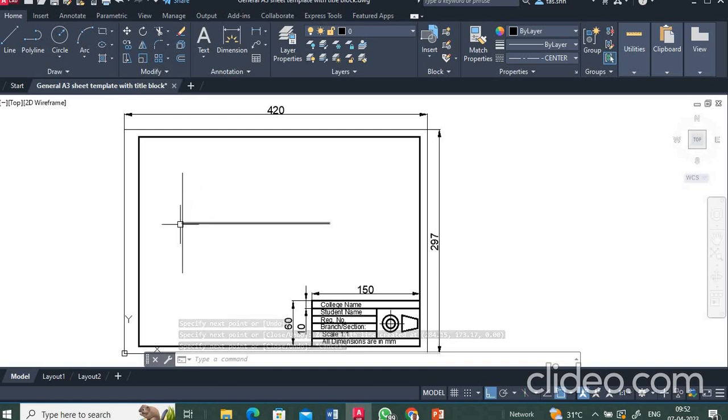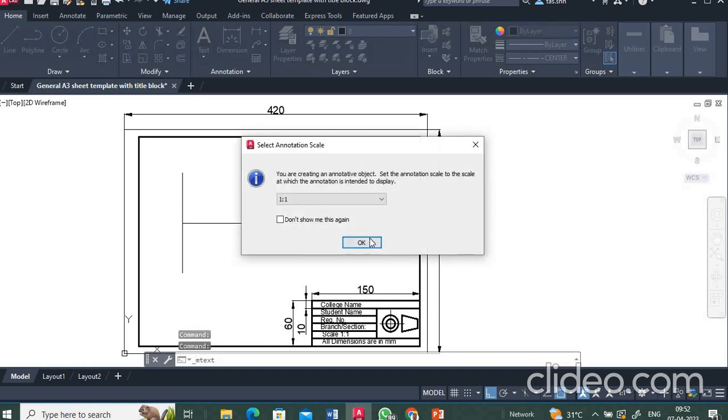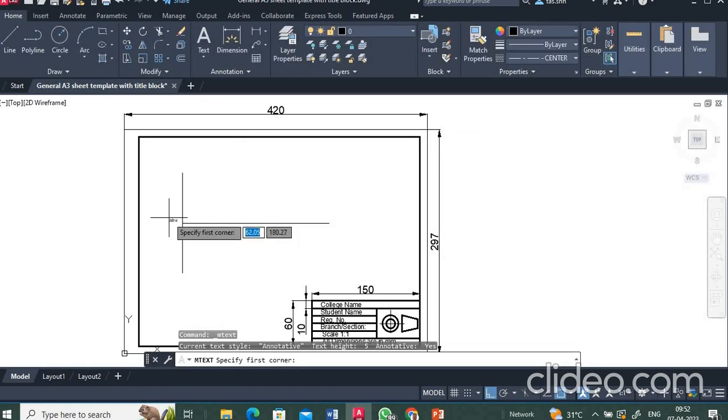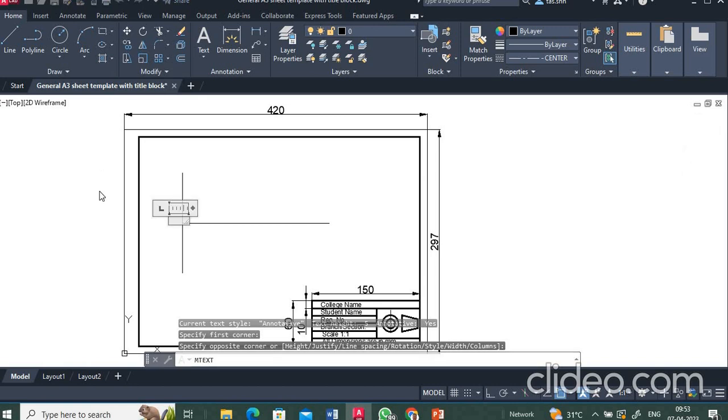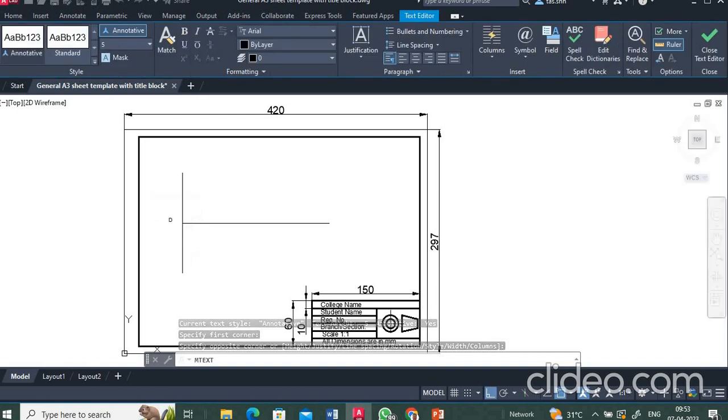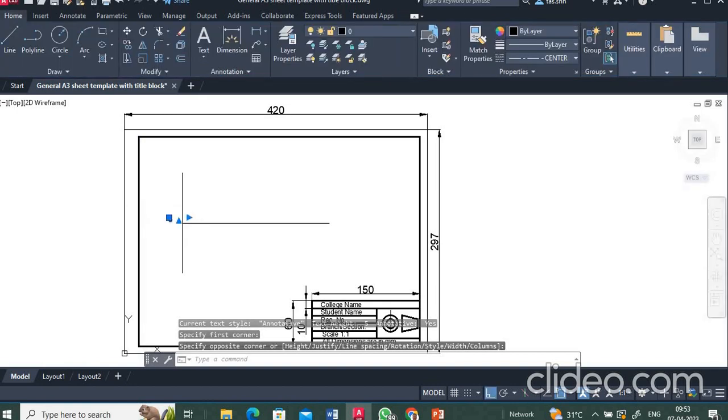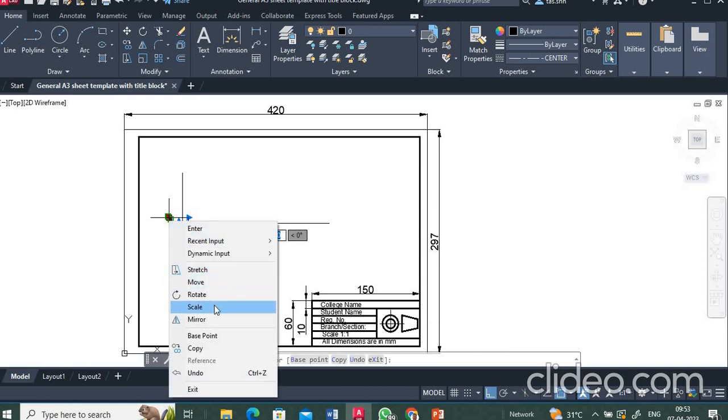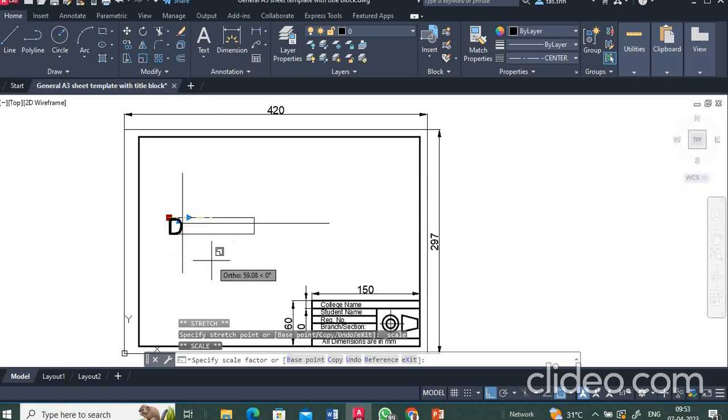The distance between D and F is given. This is nothing but D. This line is D. If you want, you can scale it like this, but don't make it so big.